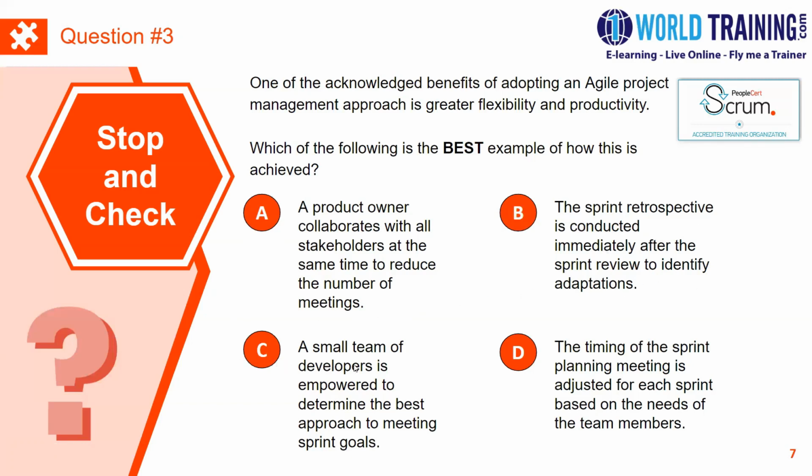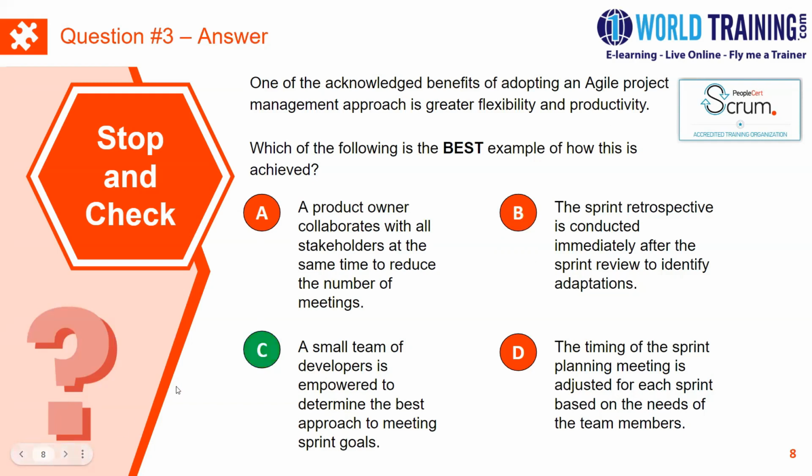Option C, a small team of developers is empowered to determine the best approach to meeting the sprint goal. And option D, the timing of the sprint planning meeting is adjusted for each sprint based on the needs of the team members. We need to think about greater flexibility and productivity. That's the basic intent, and which option talks about it from that perspective.